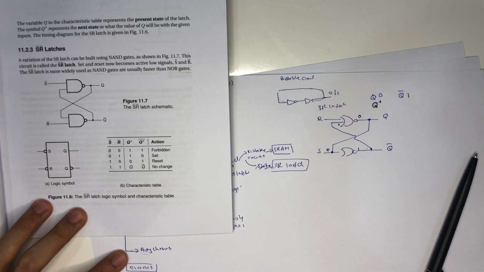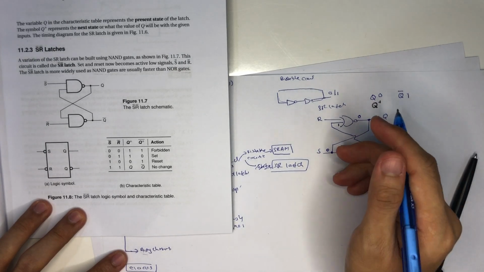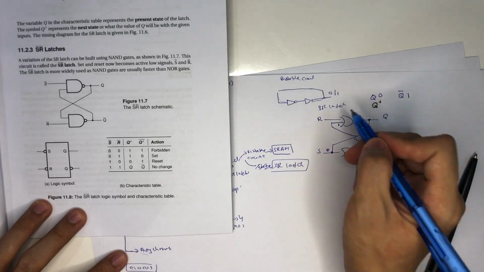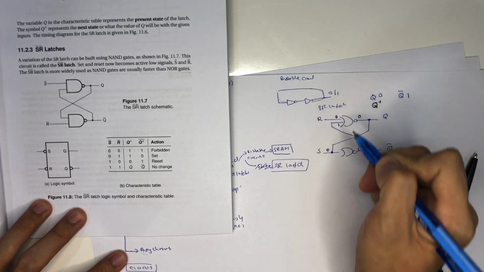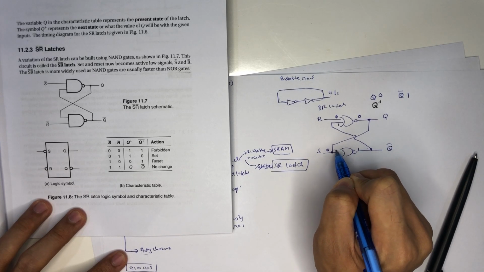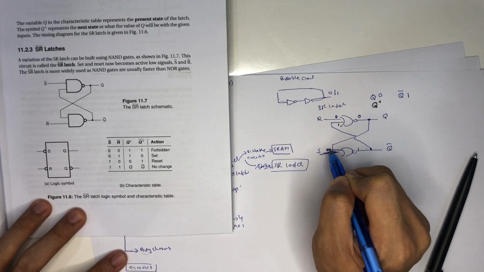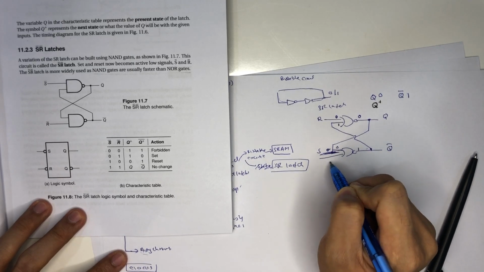Then what if we have S and R both 0? Oh, sorry, this one has a bit of an error; it is here. I'm sorry, so it goes to here. So what if your S is 0?